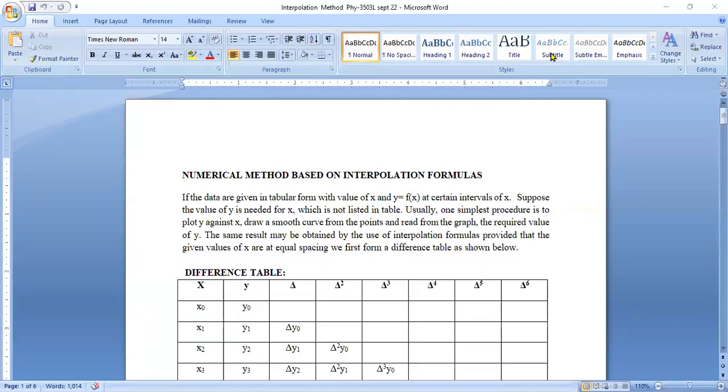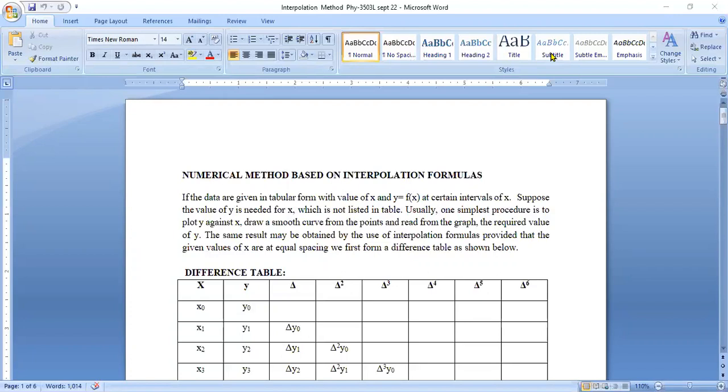I will not give you the derivation of the interpolation formula, but today I will explain how to do interpolation and how to use these two formulas for interpolation. And I will give you some remarks on extrapolation also.